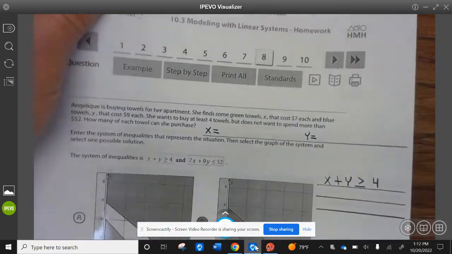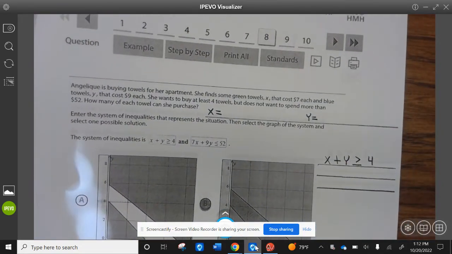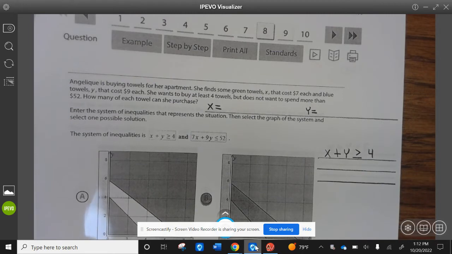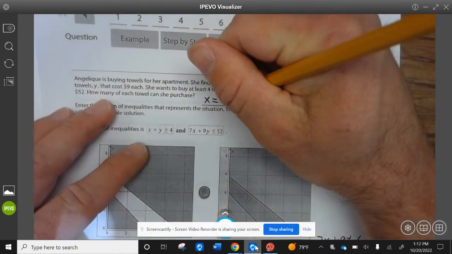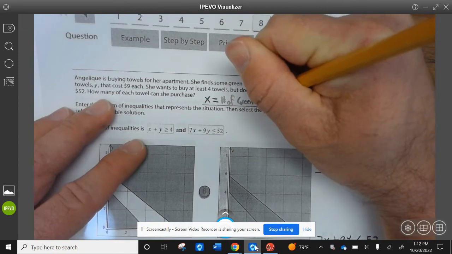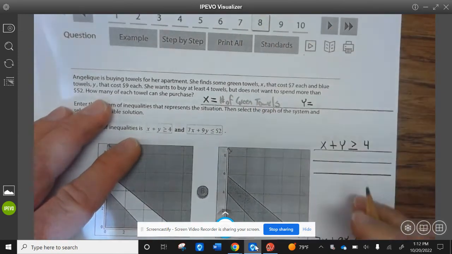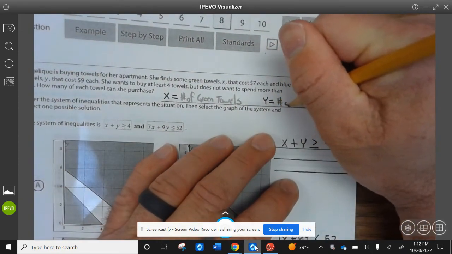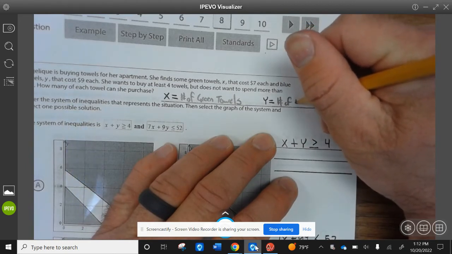All right. Angelique is buying towels for her apartment. She finds some green towels X that cost $7 each and blue towels Y that cost $9 each. So already let's define X is the number of green towels and Y is the number of blue towels.